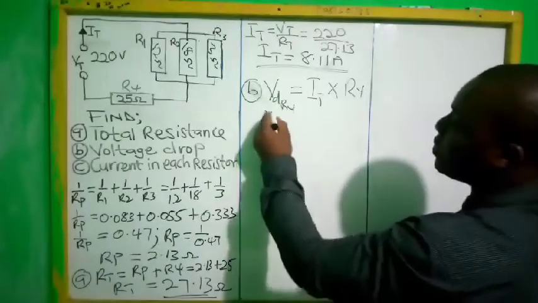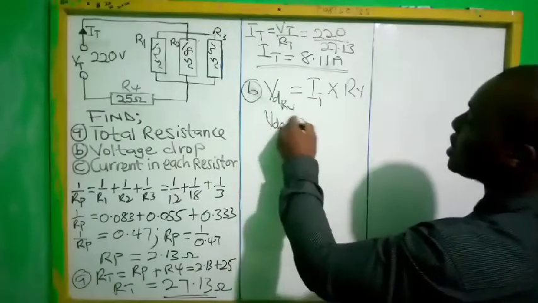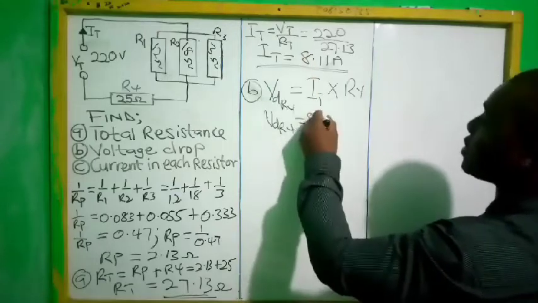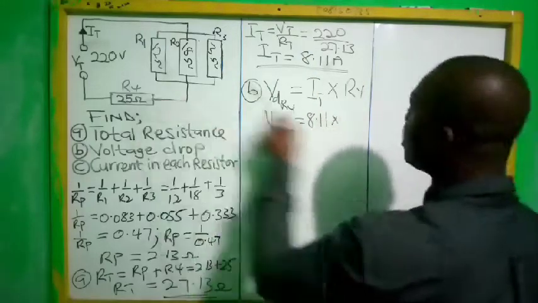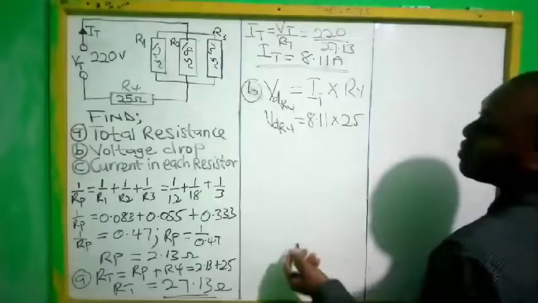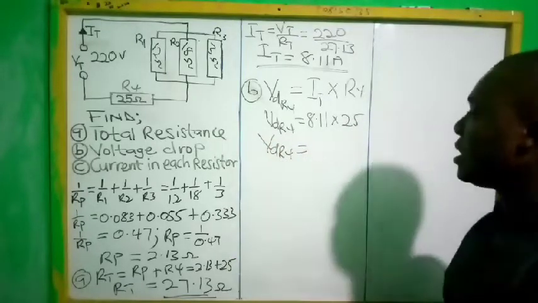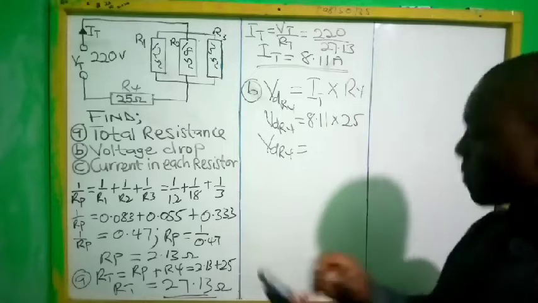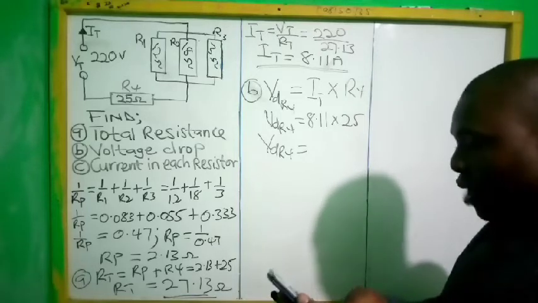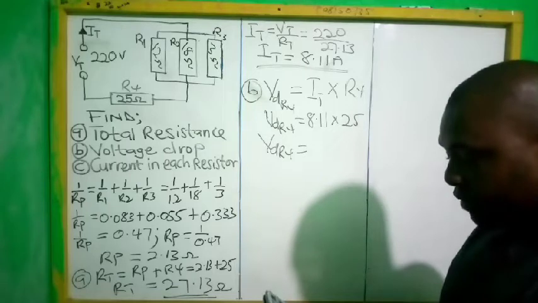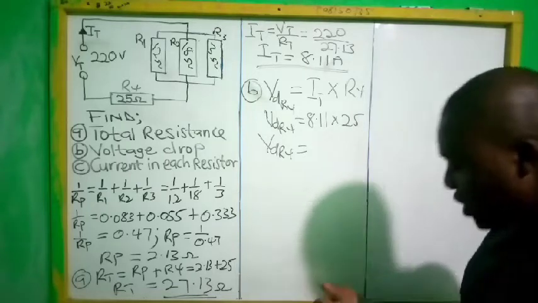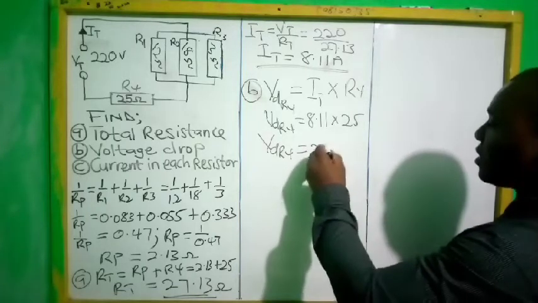So voltage drop in R4 is equal to total current 8.11 times R4, which is 25. 8.11 times 25 gives 202.75.